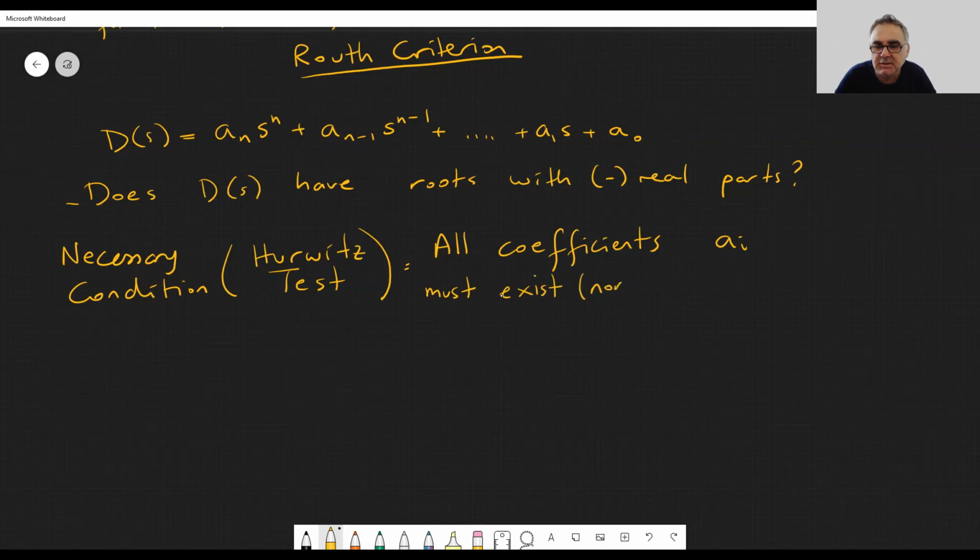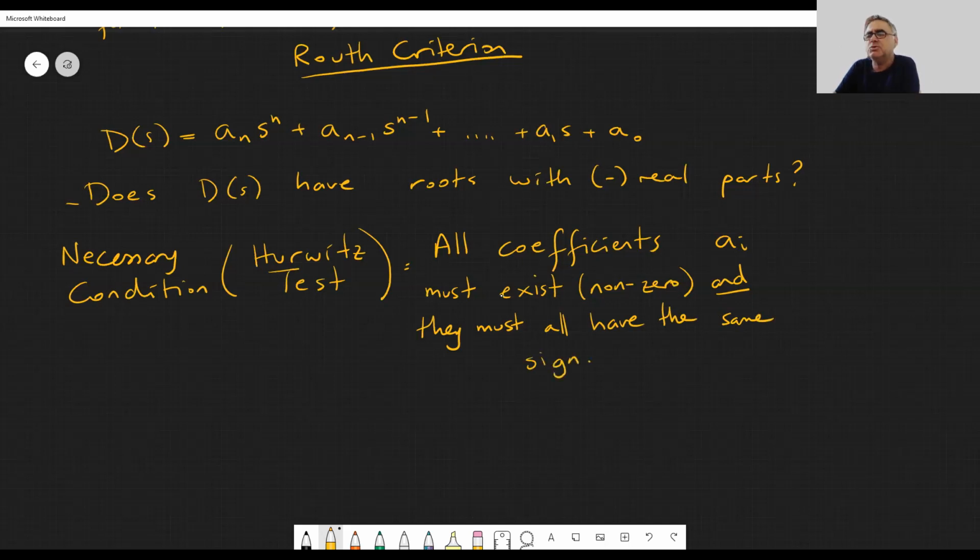That is, they must be non-zero, and more importantly, they must all have the same sign. This basically means that they should all be positive, okay? They can also all be negative, but if not, this means that your system is unstable.